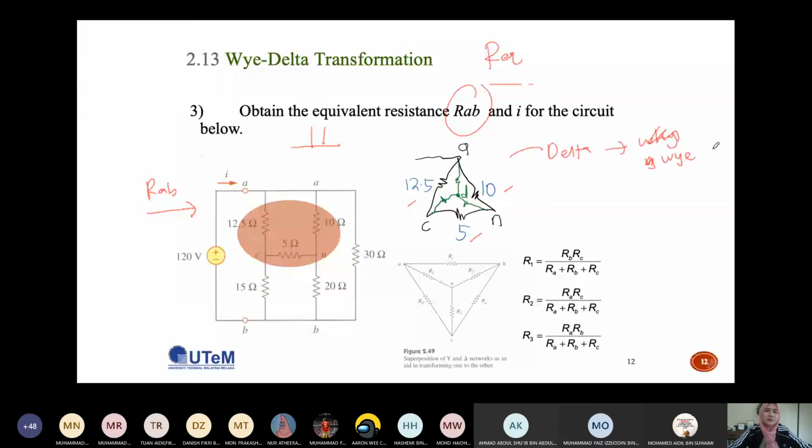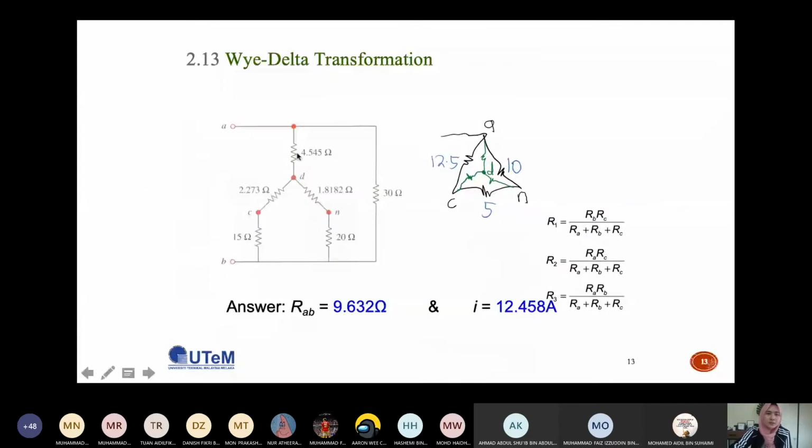To convert from delta to Y, you need to find the values for R1, R2, and R3 using their formulas. Then after you convert, you can redraw this circuit and you get this circuit.